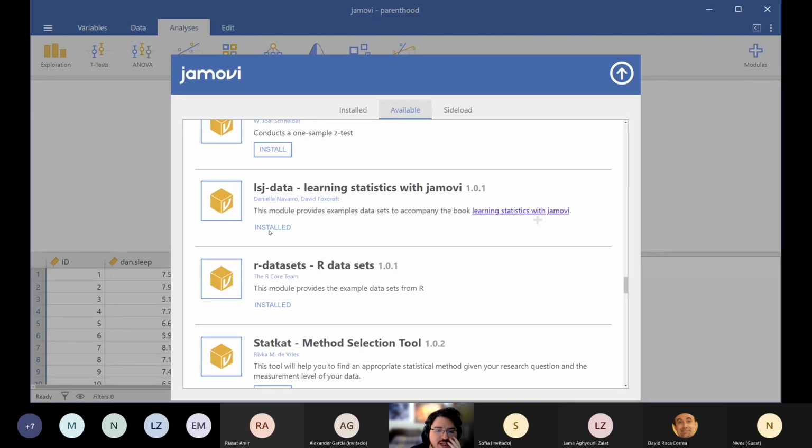If you have that installed, you should have it. If you don't have it installed, you should have a button that says install, and then you can install that dataset. Do you have it installed or not installed?